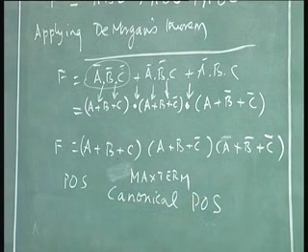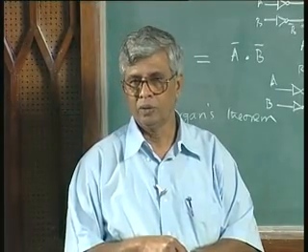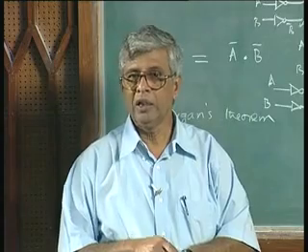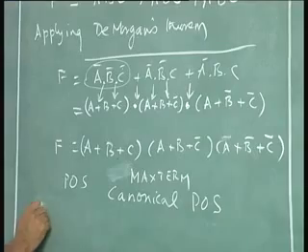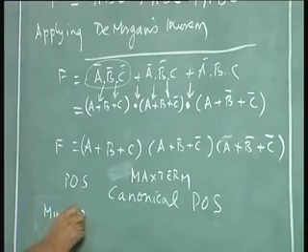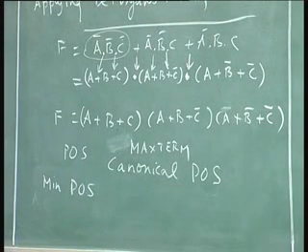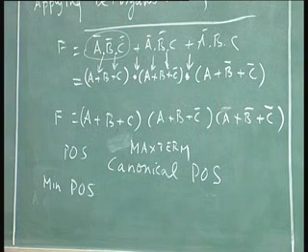So I can simplify this further by a repeated application of Boolean algebra to give me the minimum product of sums, minimum POS, like minimum sum of products. So I can start with the truth table, proceed with min terms, canonical sum of products, and reduce it to a minimum sum of products.